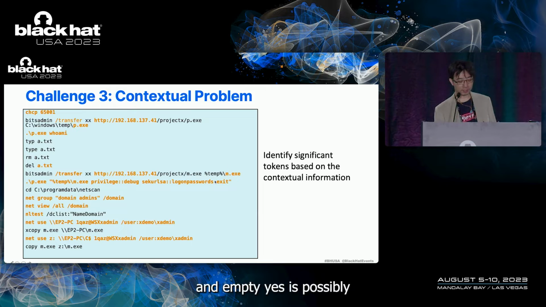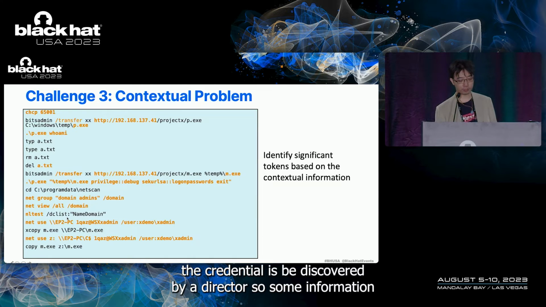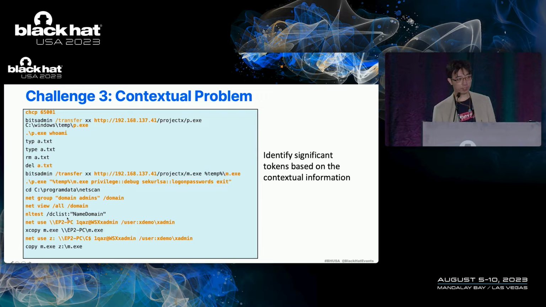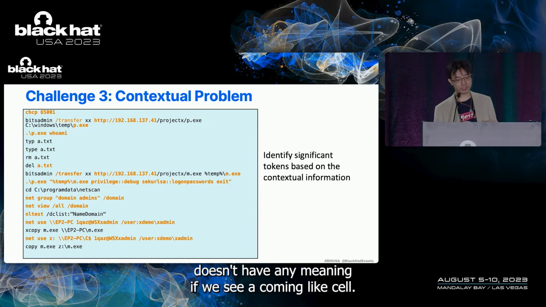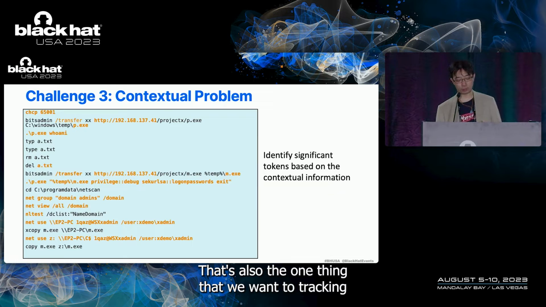And m.exe is possibly a mimikatz used to dump the credential. And afterward, the credential is discovered by the attacker. So some keywords don't have any meaning if we see a command line by itself, but if we put everything together, they have a special meaning. That's also one thing we want to track.